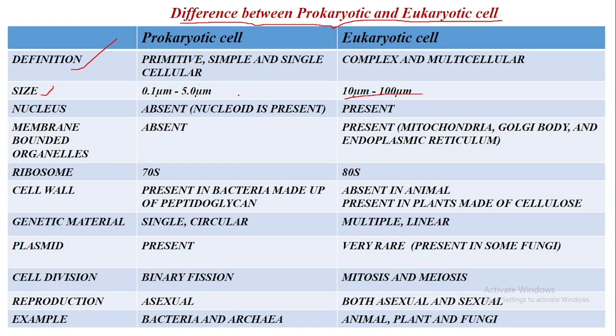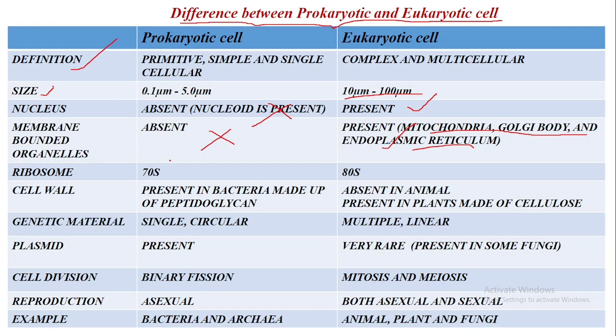Now nucleus is absent in case of prokaryotic cell, and it is present in eukaryotic cell, which stores the genetic material DNA. Here in prokaryotic cell we don't have any membrane bounded organelles, but in case of eukaryotic cell we have various membrane bounded organelles like mitochondria, Golgi body.